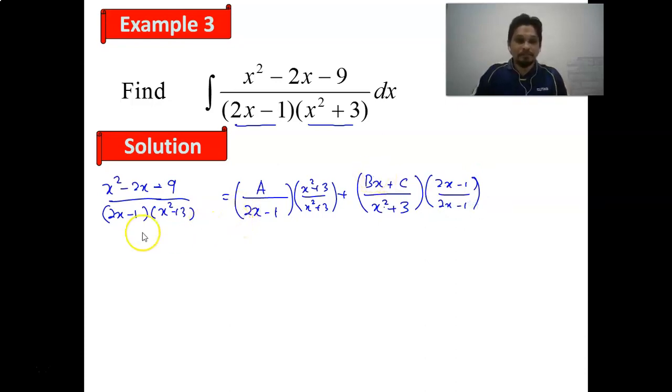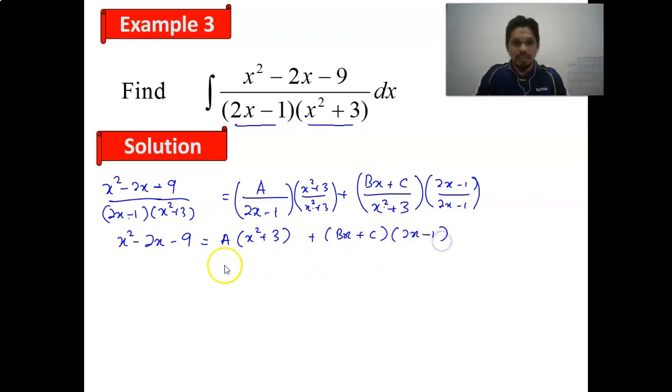Now since the denominators are equal to the question here, we just look at the numerator: x squared minus 2x minus 9 equal to, if we expand this, A(x squared plus 3) plus (Bx plus C) multiplied with (2x minus 1).